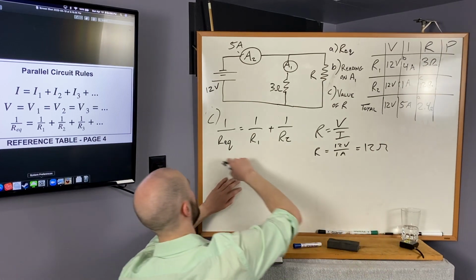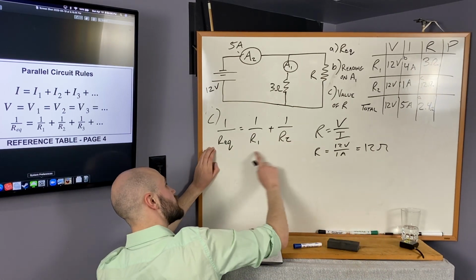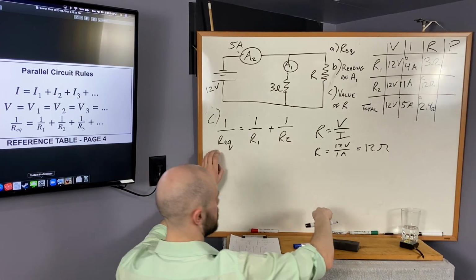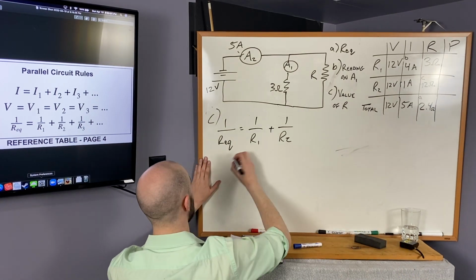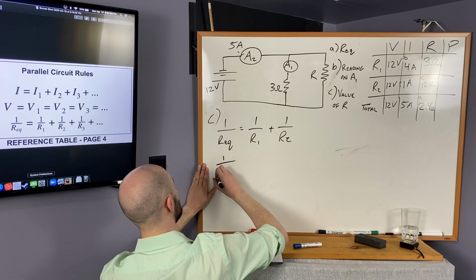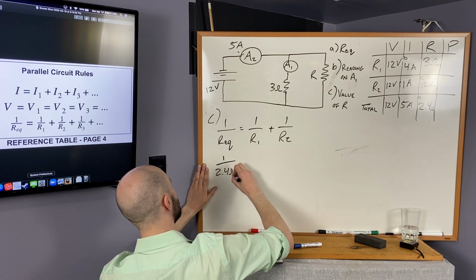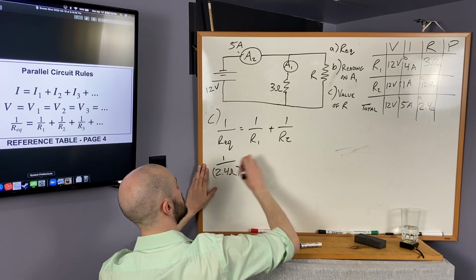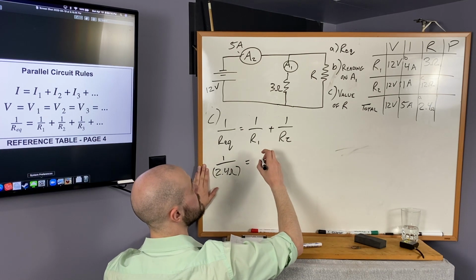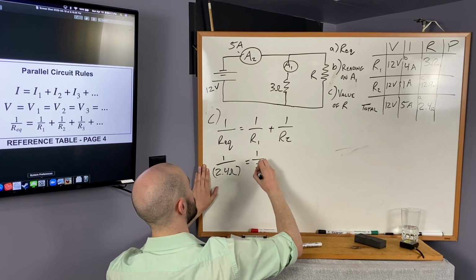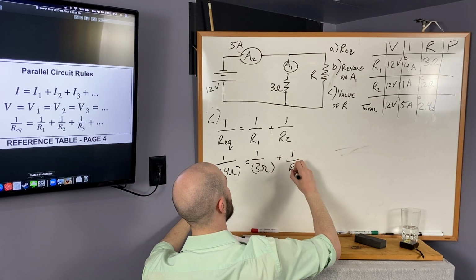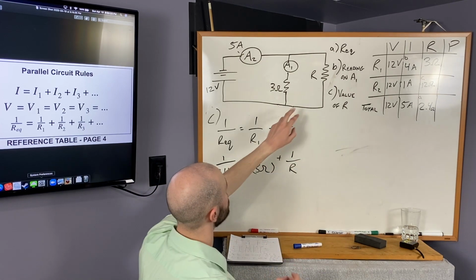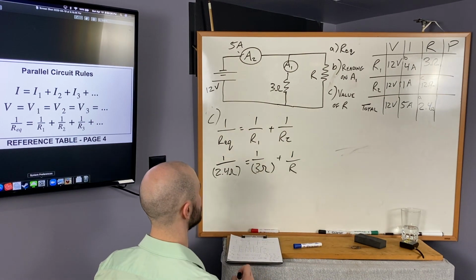We're checking our work with the more complicated equation, making sure we know how to use this here. Okay. Well, the equivalent resistance we found already is 2.4 ohms, equal to 1 over 3 ohms plus 1 over R. That's R2. We want to find this value for this resistor.